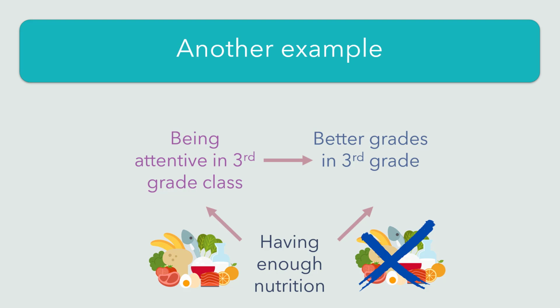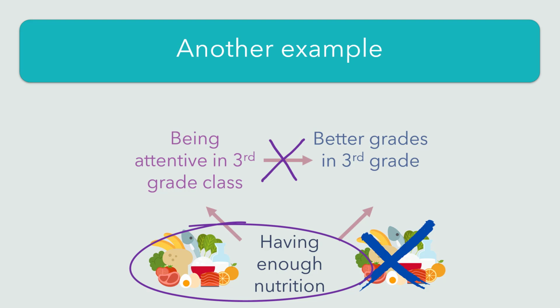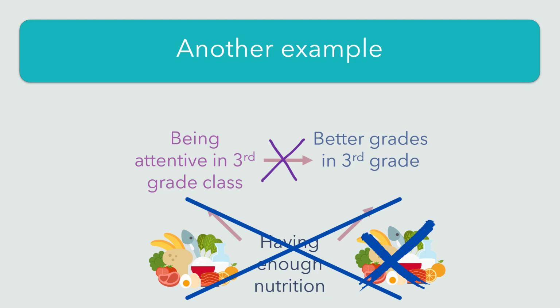So in other words, it's not that being attentive in this third grade class is what's leading to the better grades. It's that having enough nutrition is leading to both of them. So if this happens, then that means there's no causal relationship between attention and grades. Okay, so we would have to show that this is not the case, that having enough nutrition is not what leads to both of these.